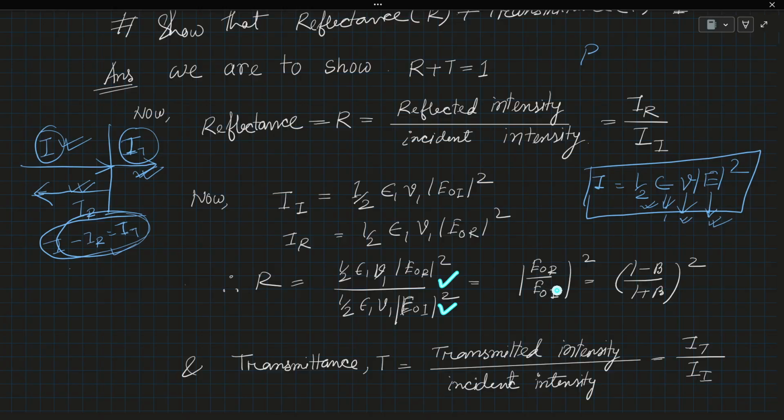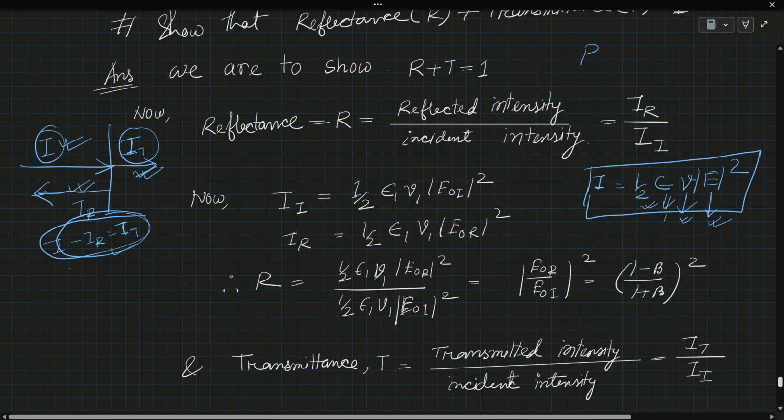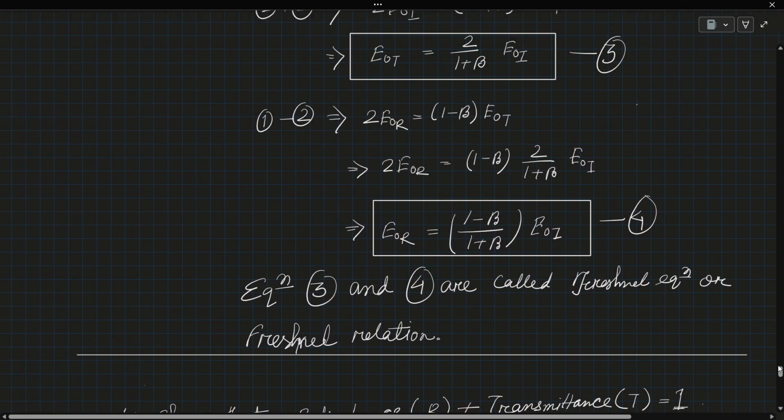Again, I can write EOR in terms of EOI. We need the relationship between EOR and EOI, right? So from equation 4, EOR equals 1 minus beta divided by 1 plus beta EOI.